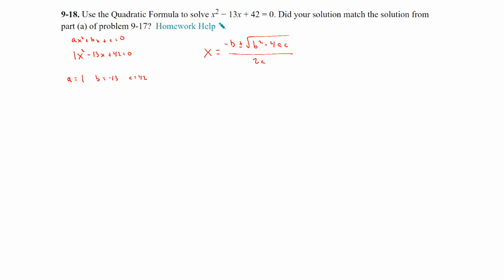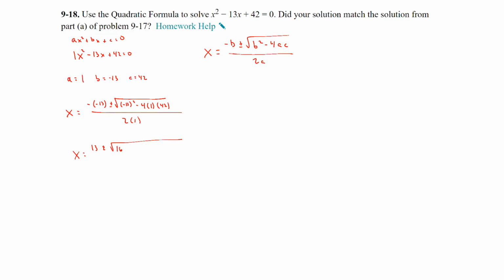So we're going to plug the information in. x equals the opposite of b plus or minus the square root of b squared, and since b is a negative, make sure we put it in parentheses, minus 4 times a times c divided by 2 times a, or 2 times 1. And then you need to simplify. So the opposite of negative 13 is 13, plus or minus the square root.